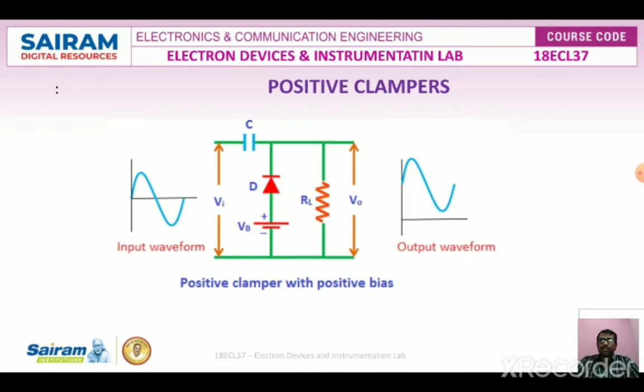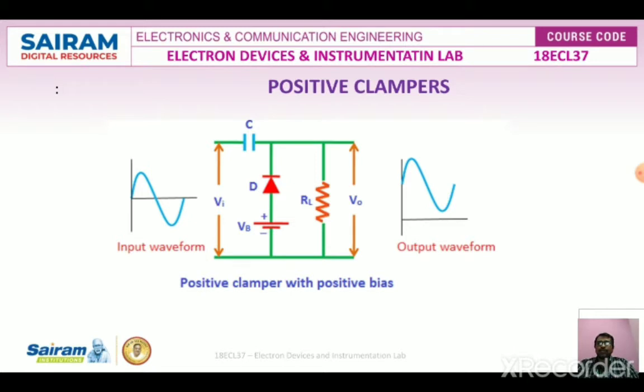When the input voltage is greater than the battery voltage, the diode stops conducting, the current flows through the load, and the diode becomes reverse biased. During the negative half cycle the diode is forward biased by both the input supply voltage and battery voltage, so the diode allows the current. This current flows to the capacitor and charges it.